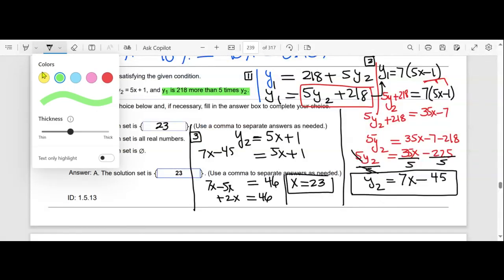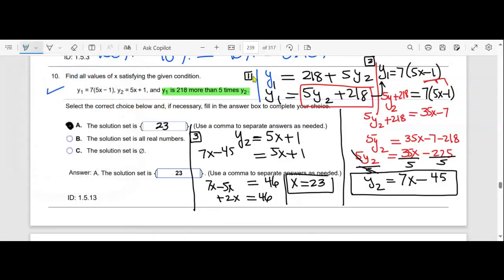So I put numbers here so you could know. 1, 2, 3. 3 steps. Clear? Move on.